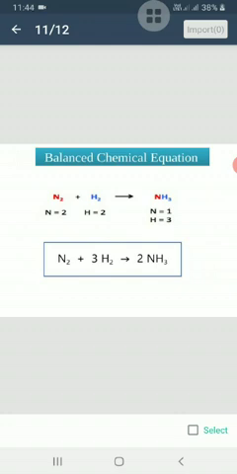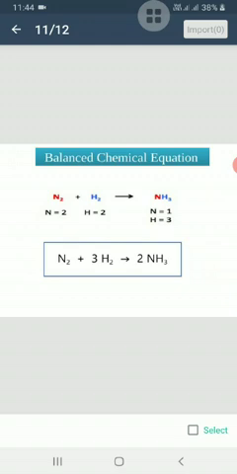So this equation gives us nitrogen reacts with hydrogen to give ammonia. In the first equation you can see N2 plus H2 gives us NH3. Now count the number of atoms on both sides.